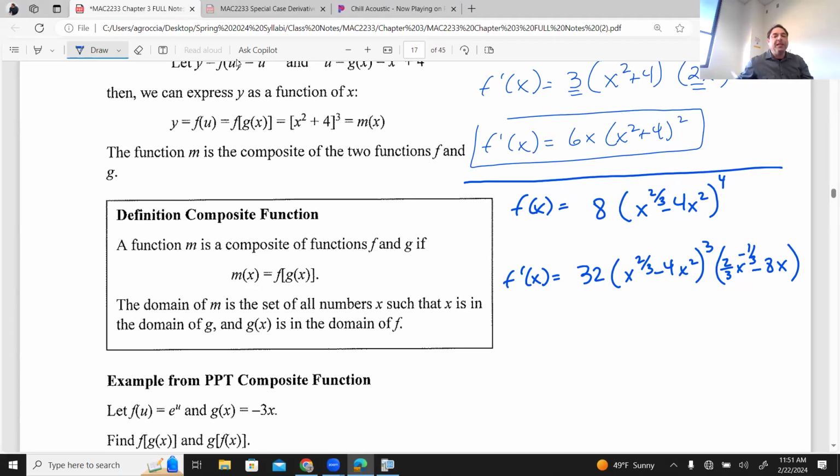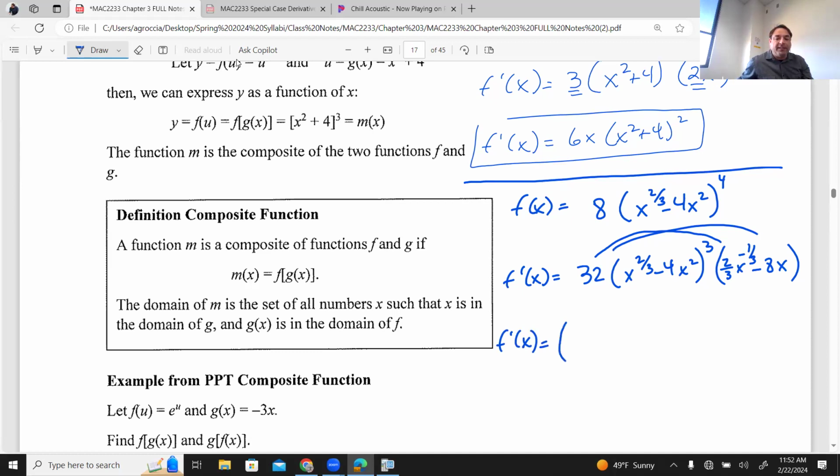Fantastic. Okay, now, can I distribute the 32 to the first one? X to the 2/3 minus 4x squared. No, because of the raised to the 3. Exponents come before multiplication. But can I distribute the 32 to the other side? Yes, I can do that if you think it would make it a little bit easier. And details.